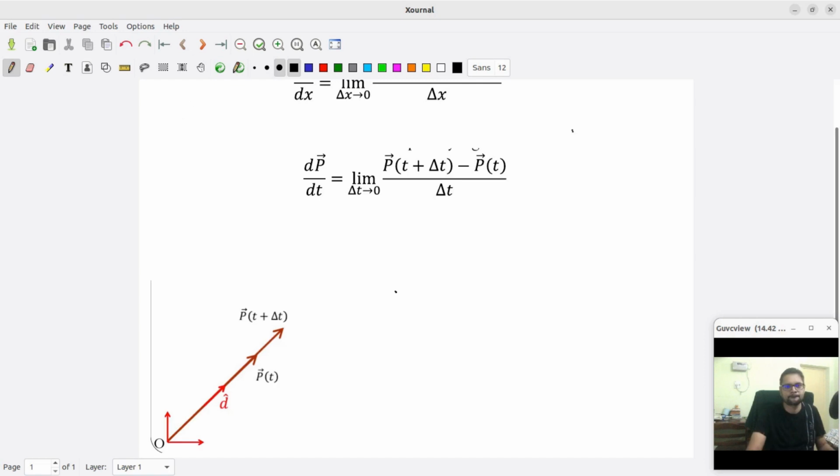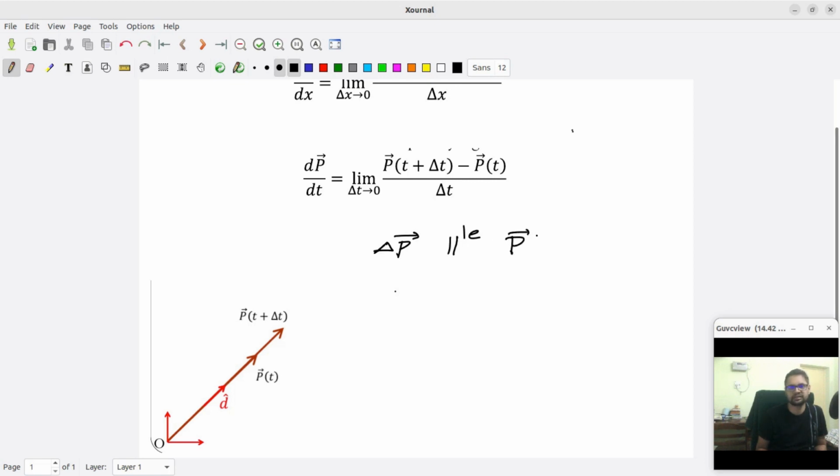Now in the figure, we can see that the vector OP has changed to P(t plus delta t) after a small time. So the vector changes from P(t) to P(t plus delta t), and now your delta P is parallel to P(t).